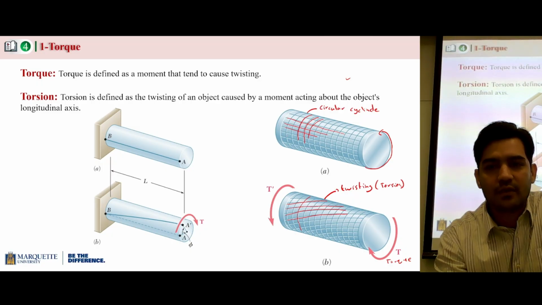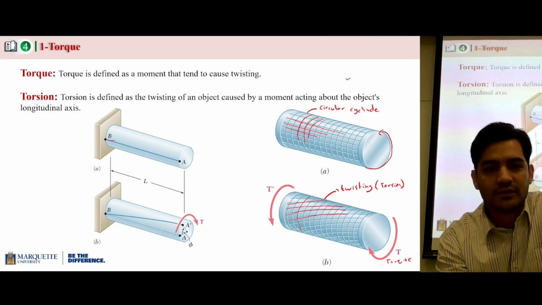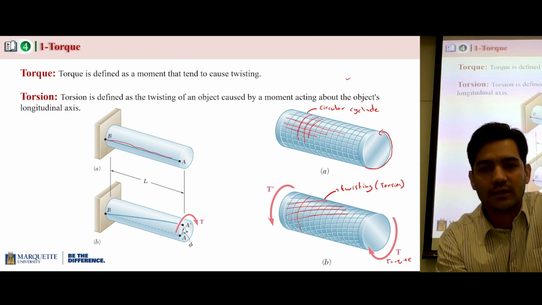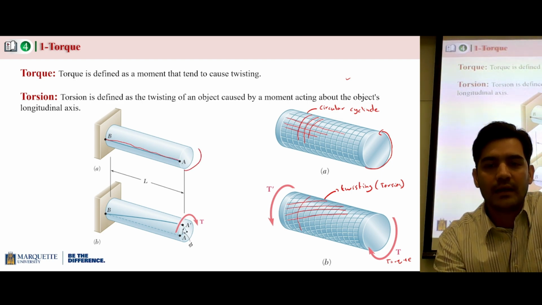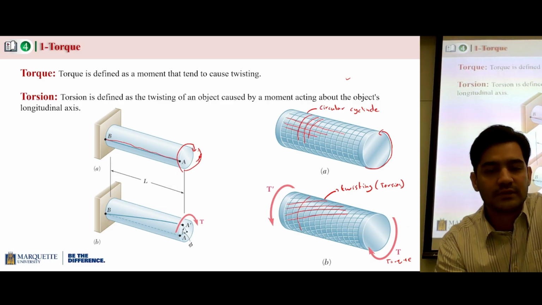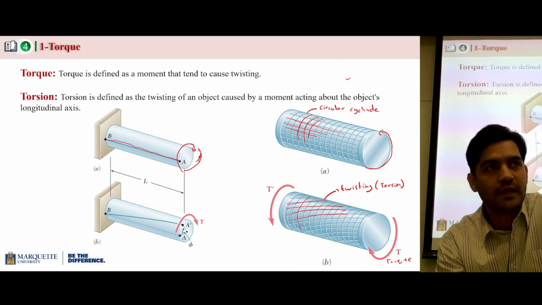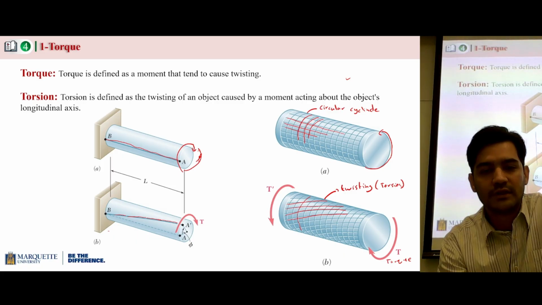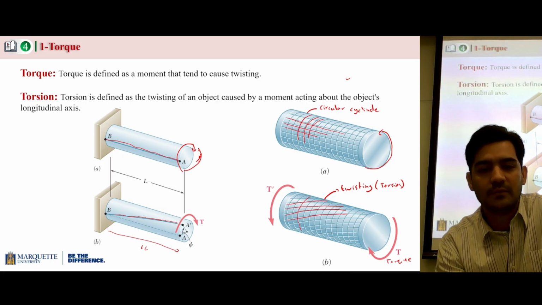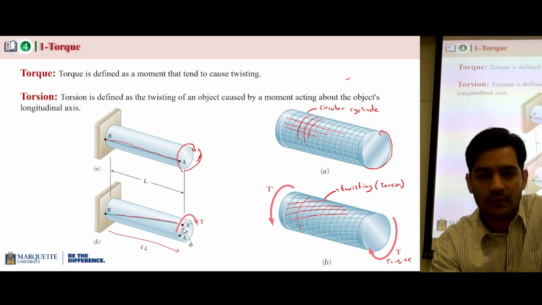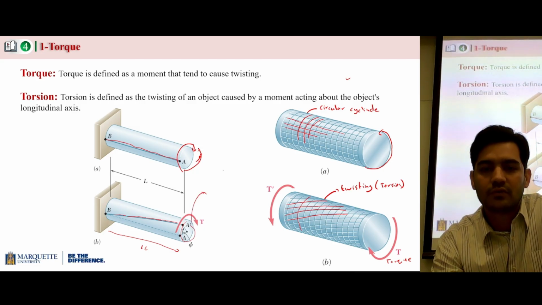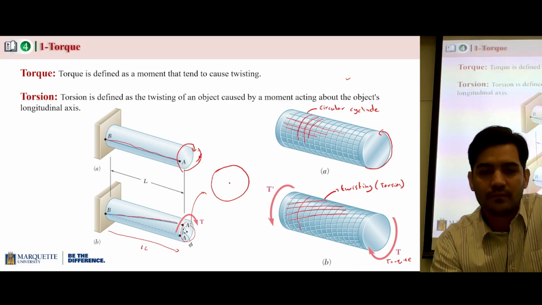If you just take one line out of a circular cylinder, there are many lines, but if you take out just one line, when you apply torque, this line will linearly increase along the length of the member. I'm going to take a cross-sectional area out here.